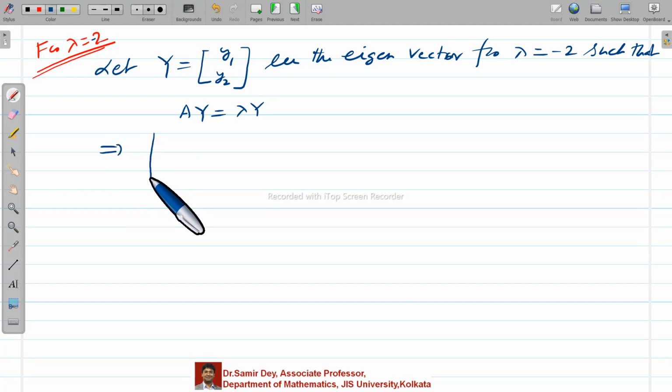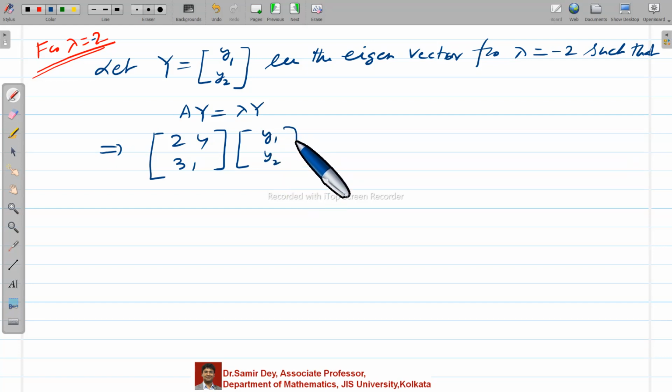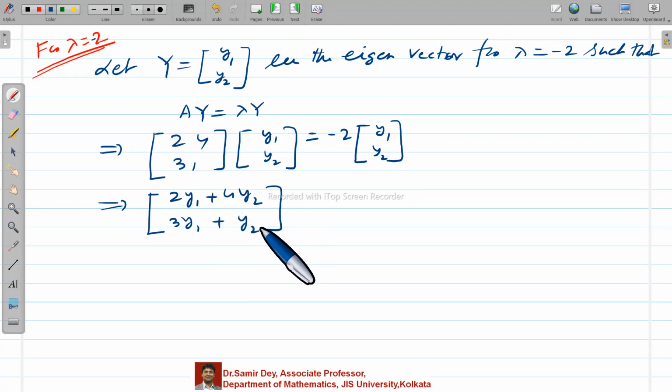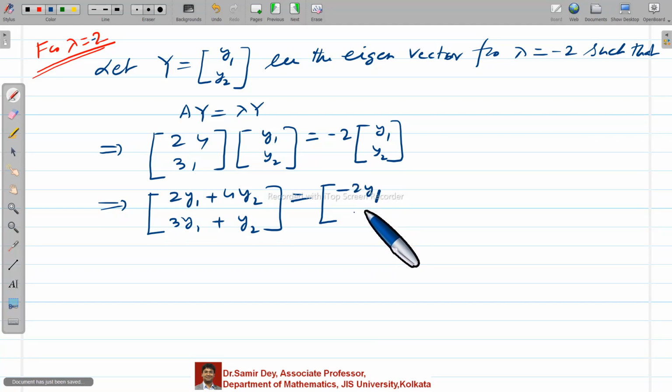So what is your A? Already you know. What is your A? 2, 4, 3, 1. What is your Y? y1, y2. What is your lambda? Minus 2, times y1, y2. So if I simplify, it is coming 2y1 plus 4y2, 3y1 plus y2. And from here it is coming minus 2y1 and minus 2y2.